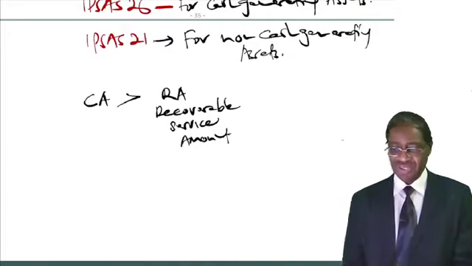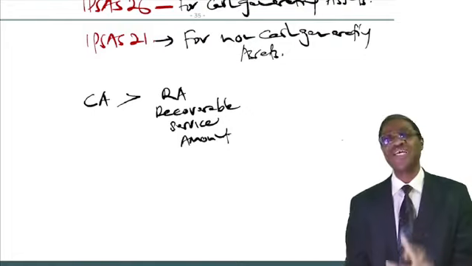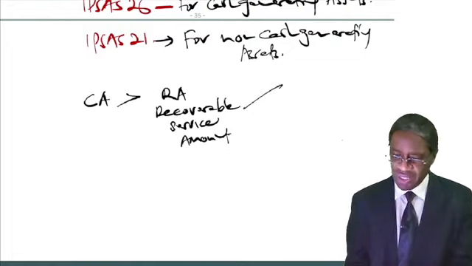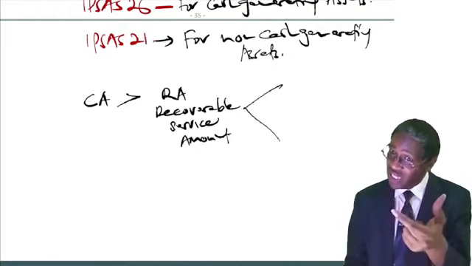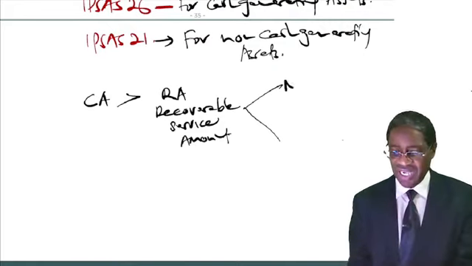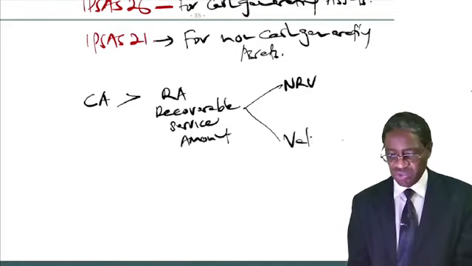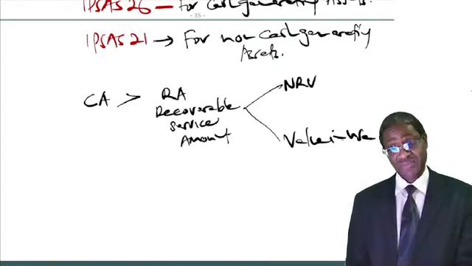The other point is, how do we compute the recoverable service amount? For that particular asset, you compute two values. One is the net realizable value, and number two is what we call the value in use of that asset.